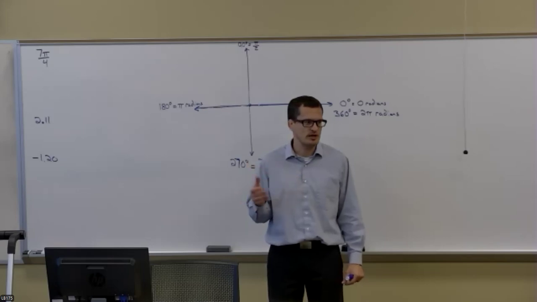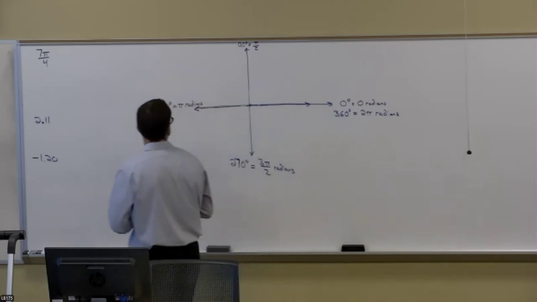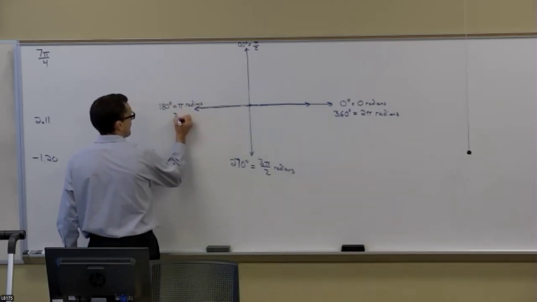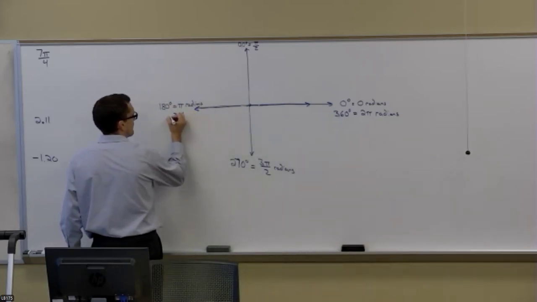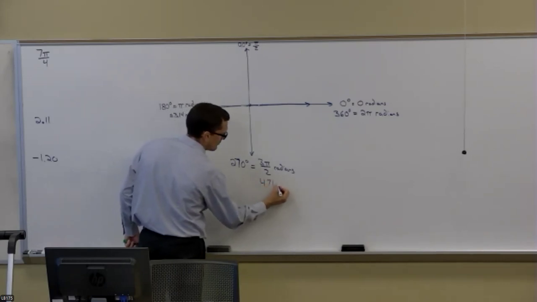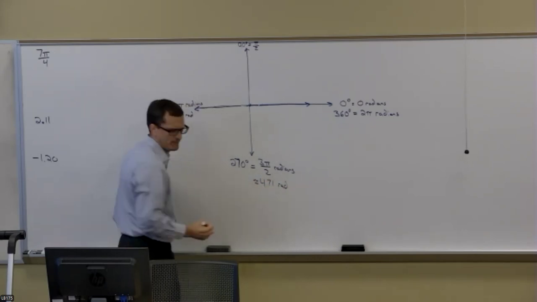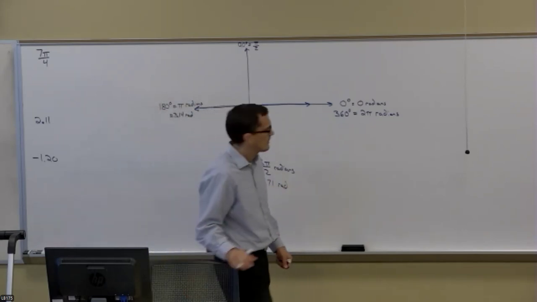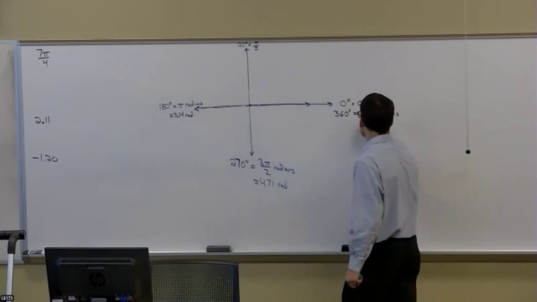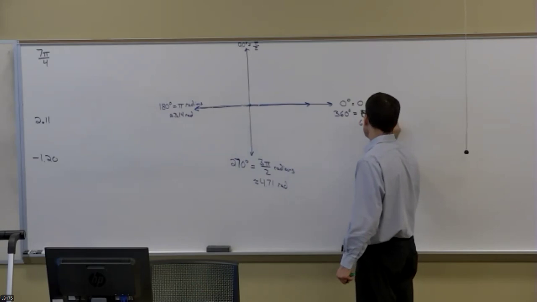Remember, pi radians is 3.14 radians roughly. 270 degrees is like 4.71 radians roughly. 2 pi is like 6.28 radians roughly.